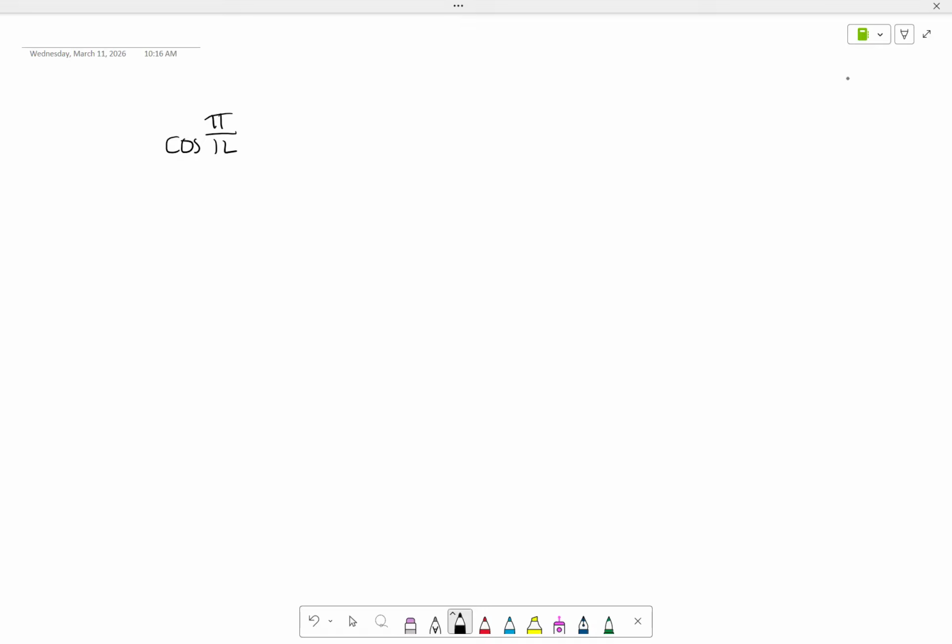It's kind of 60 minus 6... Wait, here's how you do it. It's cosine of pi over 6. Cosine, I would take it out. So it's root 3 over 2. You have to do it.